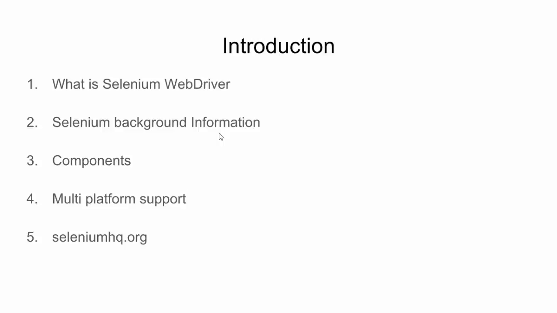Selenium was created in 2004 by an engineer named Jason Huggins, who worked for a company called ThoughtWorks. He mainly used JavaScript to create this automation testing with Selenium. Then Google adopted Selenium and made improvements to it.